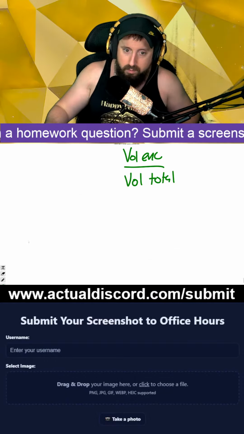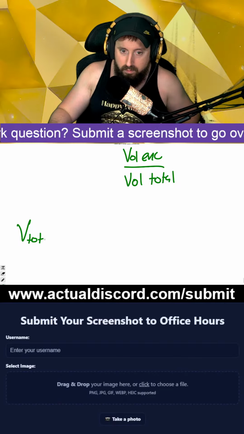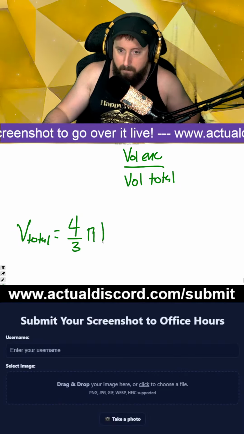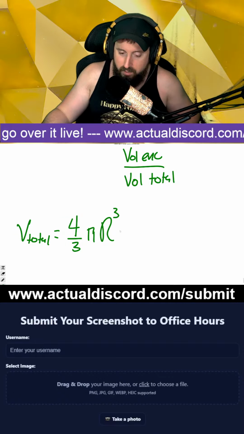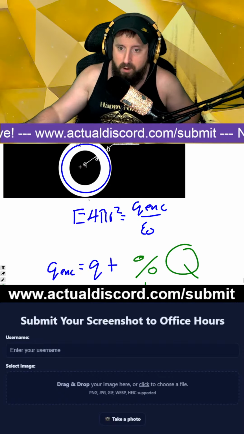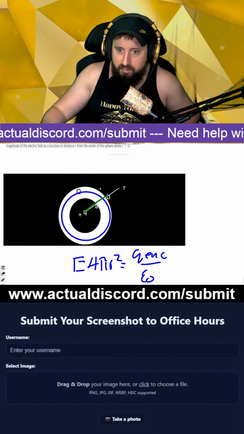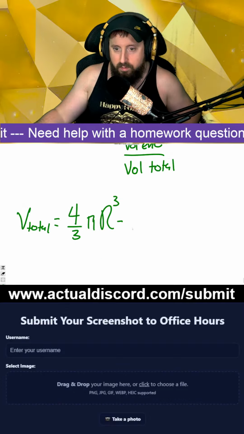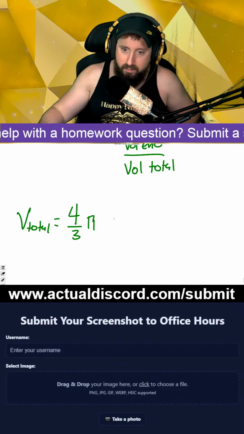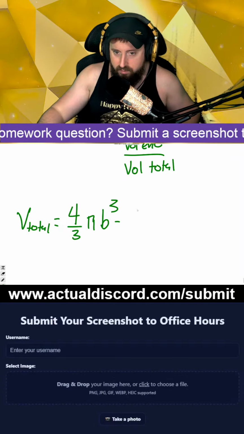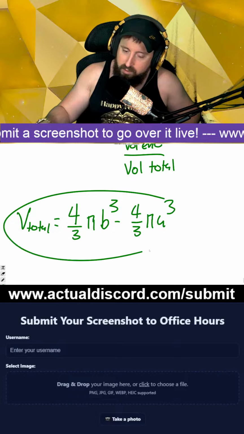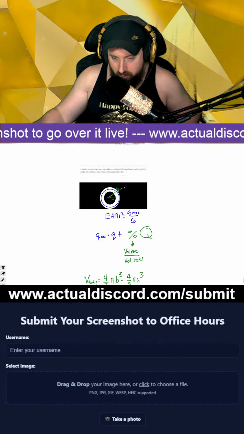V total is going to equal 4/3 pi big R cubed minus, and big R in this case is B, and this is A. So it's 4/3 pi B cubed minus 4/3 pi A cubed. You see how that's the total volume?